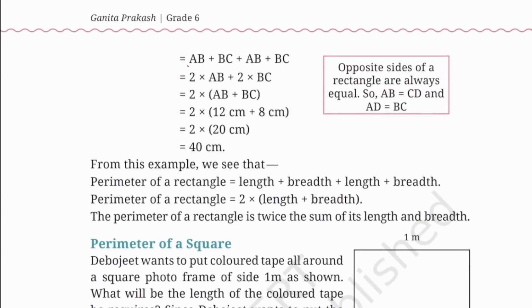Perimeter is equal to AB plus BC plus AB plus BC, since CD is equal to AB and DA is equal to BC.